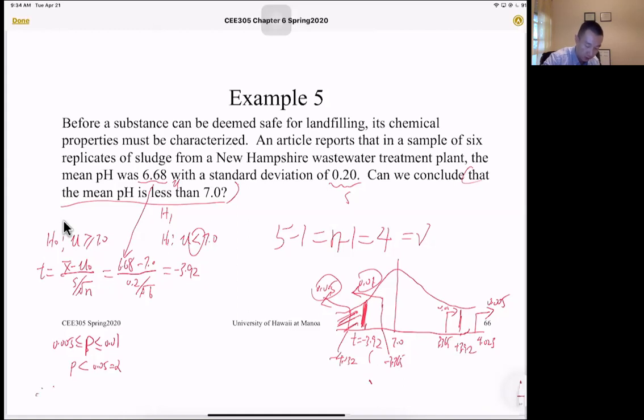So yes, we can conclude the mean pH is less than 7.0. So we conclude H1 is true.